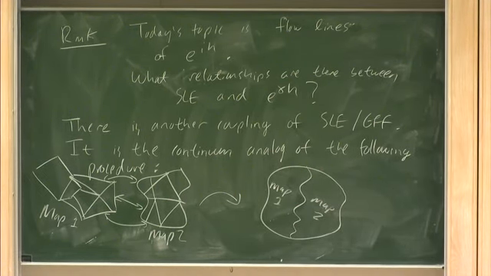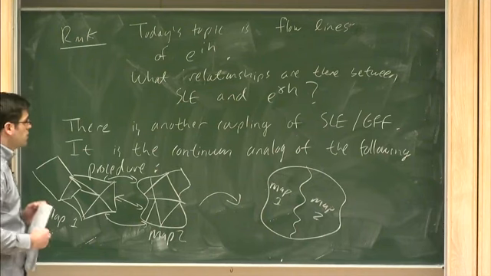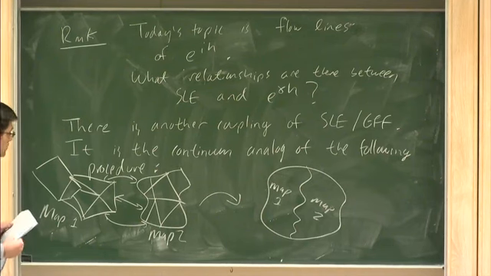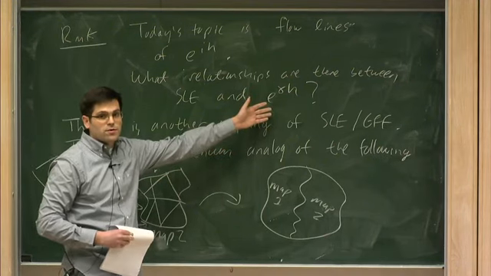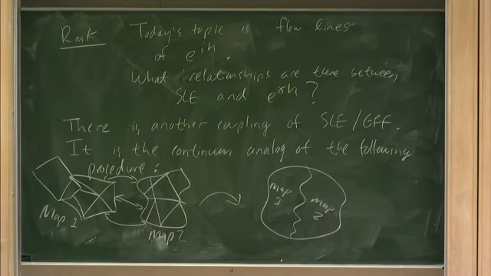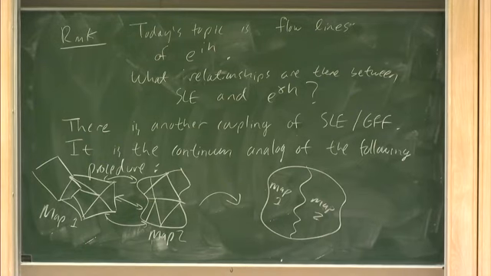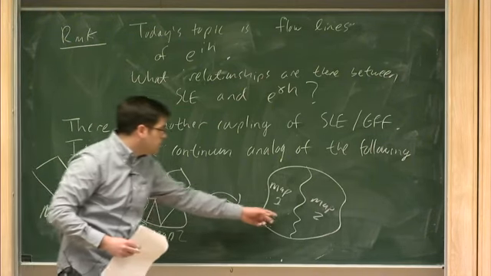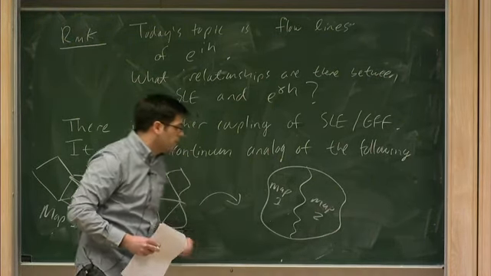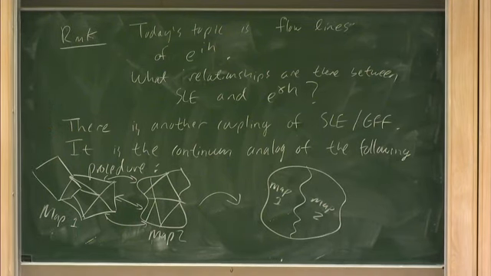And the other coupling of SLE with the Gaussian free field, which again won't be the main focus today, is that you can do the same thing in the continuum, but with Liouville quantum gravity surfaces. What this coupling says is that when you weld these together in this fashion, the interfaces between the two chunks of surface are going to be SLE-like curves.